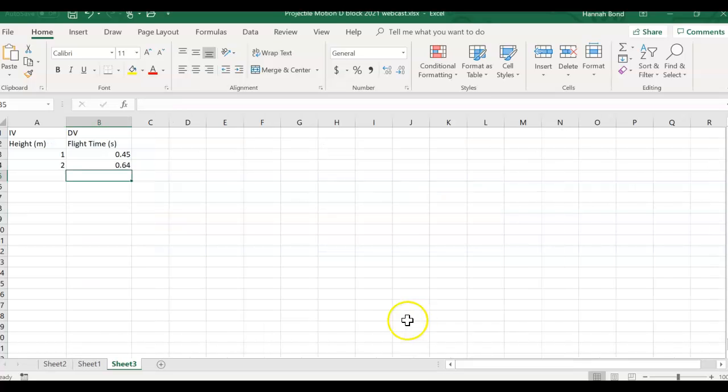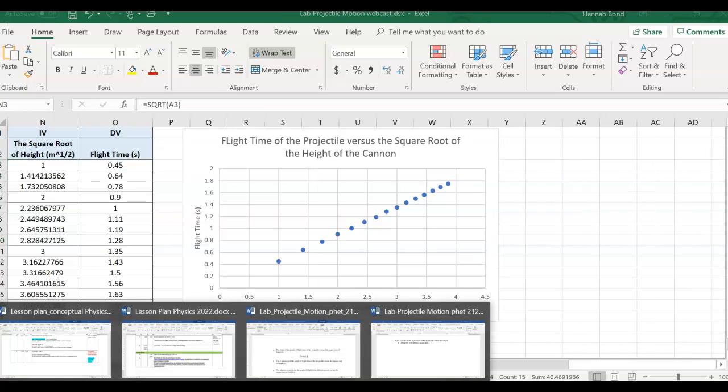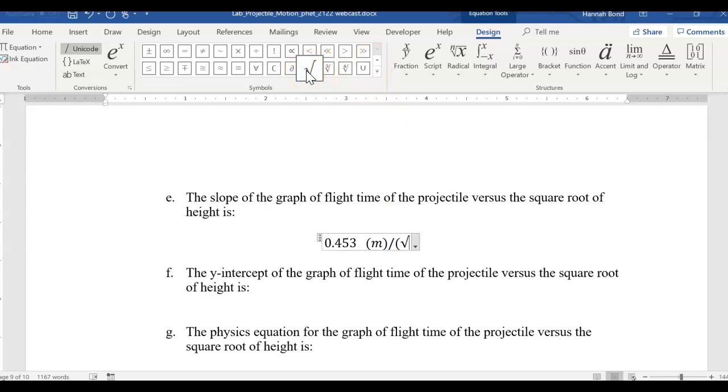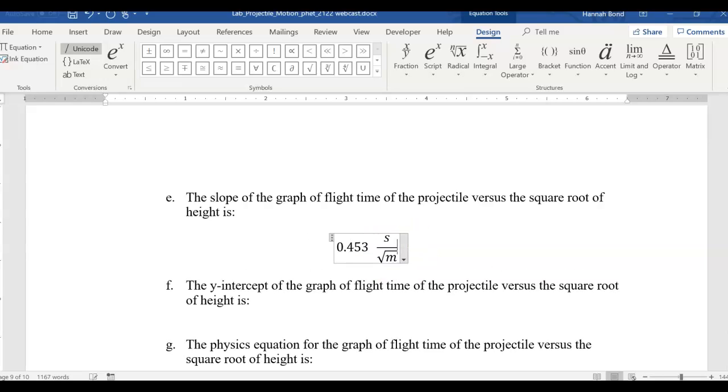So this is a strange unit, but we could do it. It's seconds on top. It's flight time in the numerator divided by square root of meters below. There we go. So that is the slope.